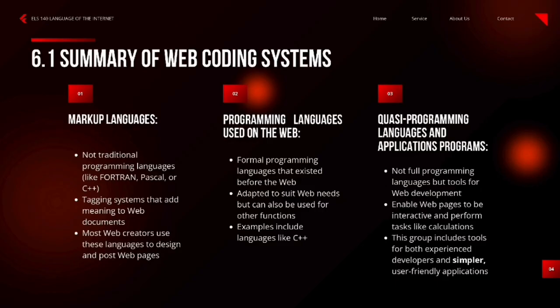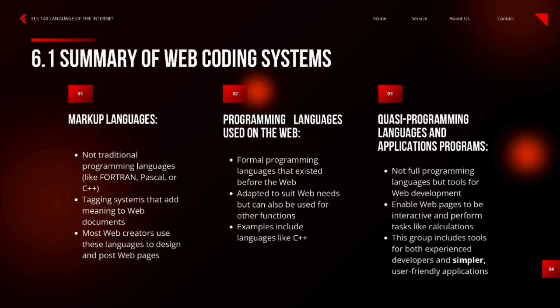C++ is a powerful high performance programming language. So, it was created in the 1980s and it is used for developing operating systems, games, and high speed applications. So, although it was not originally made for web development, it is sometimes used for back end processing on websites, like handling databases or security systems.